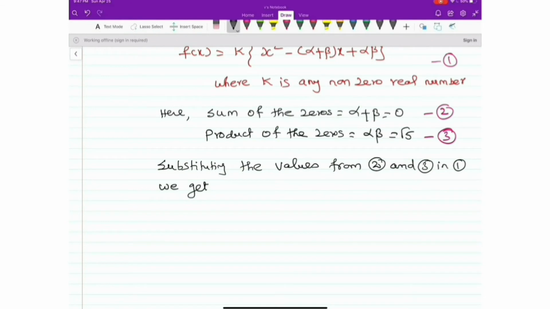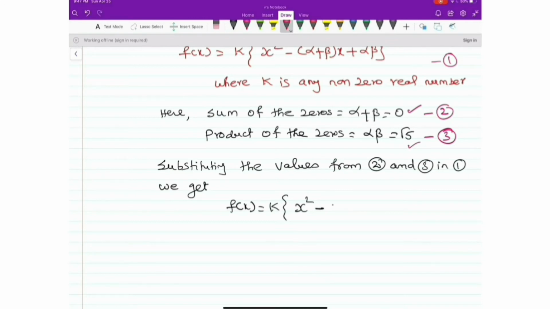f of x is equal to k into x square minus alpha plus beta is 0, whereas alpha beta is root 5. So what will happen here? 0x.